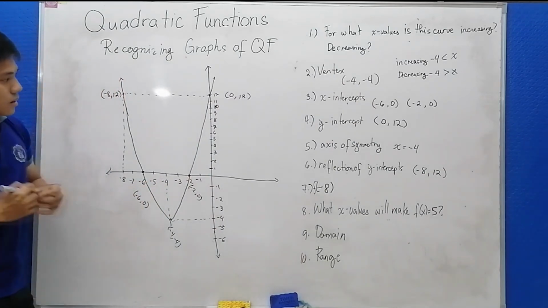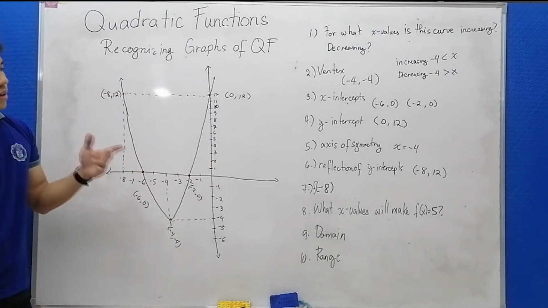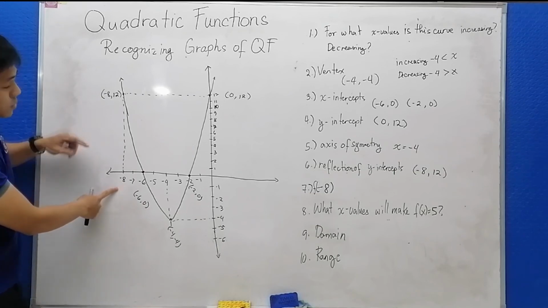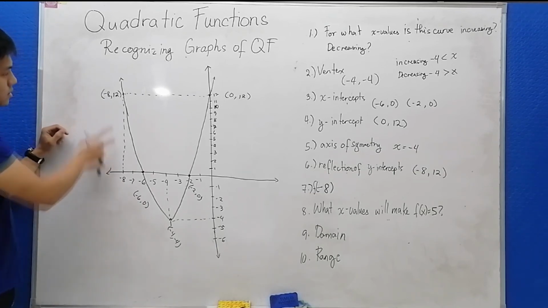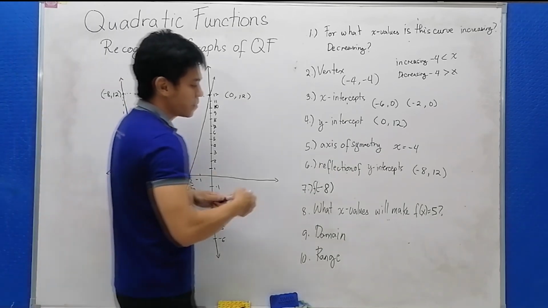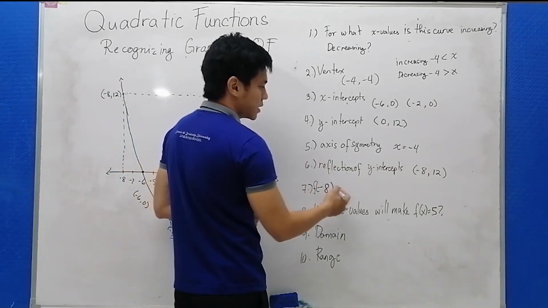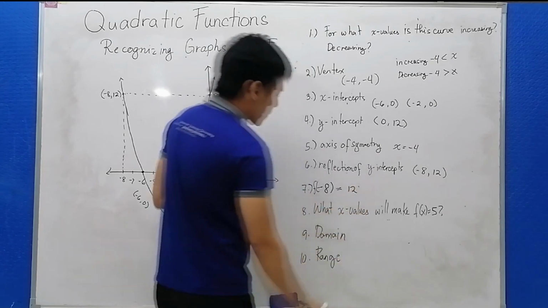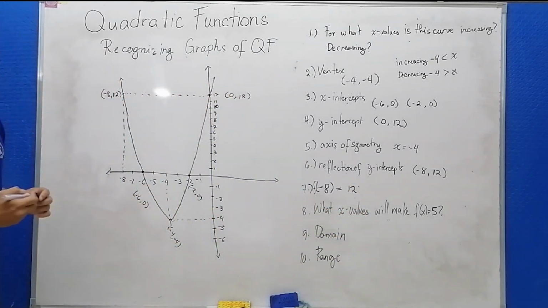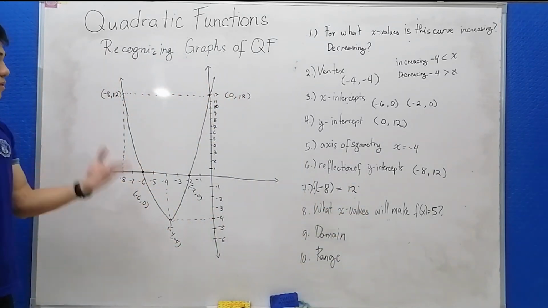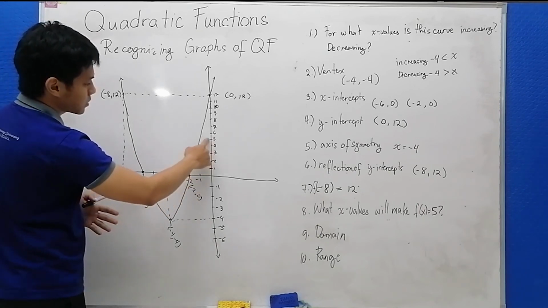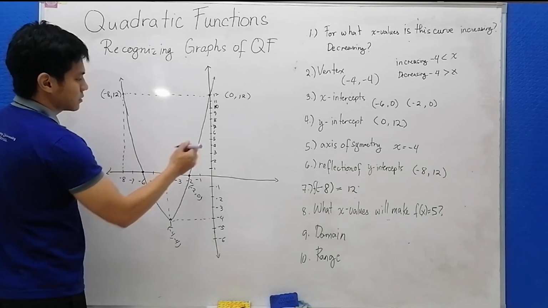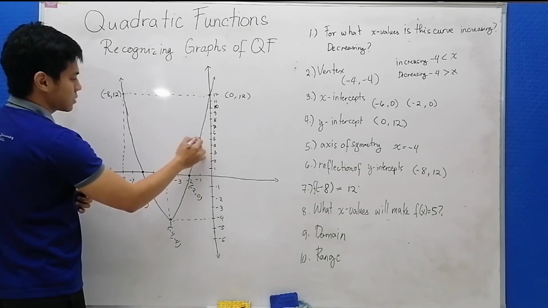Following now on the next question, number 7. If x is -8, which we identified from a previous question, then f(x) is 12. So f(-8) is 12. What is the x value that will make f(x) equal to 5? What are the points that will give us 5? The points that will give us 5 are over here.